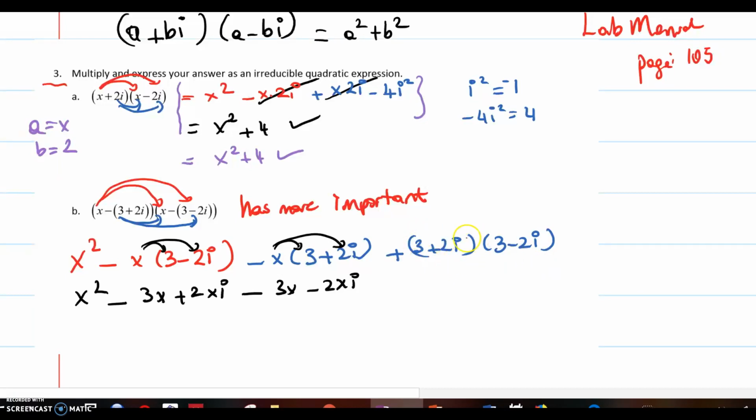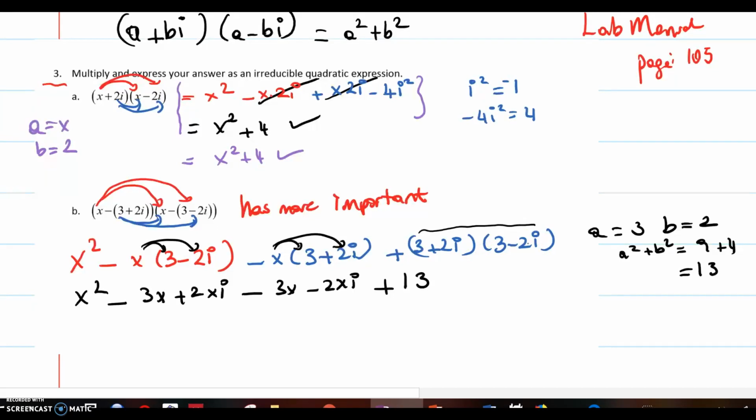It's a complex number multiplied with its complex conjugate. So for this portion, I can say that a is equal to 3, b is equal to 2. So it will be a squared plus b squared, which will be equal to 9 plus 4. That will be 13. I can jump in there, right? Because I'm multiplying the complex number with its conjugate.